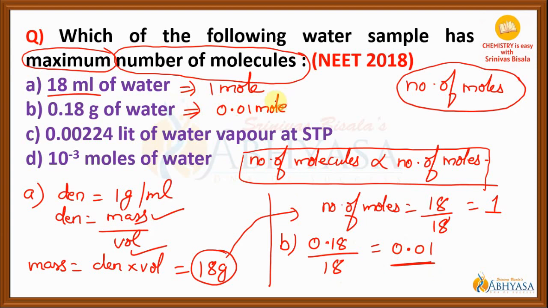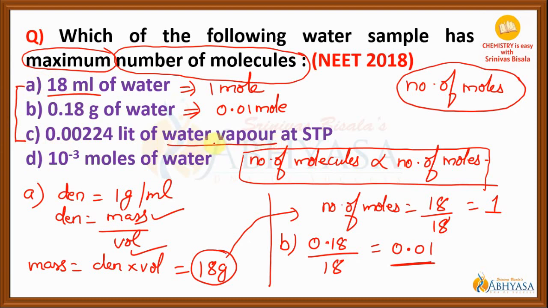Let's see how to get it for option C. It is given 0.00224 liter of water vapor. Remember here, options A and C are completely different. You cannot solve option A similar to option C, because in option C it is clearly given as water vapor.